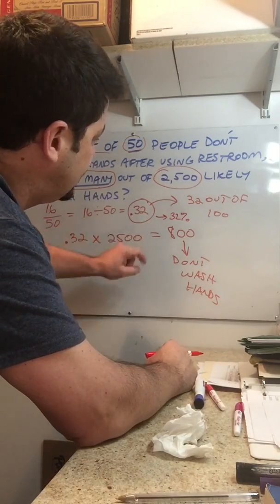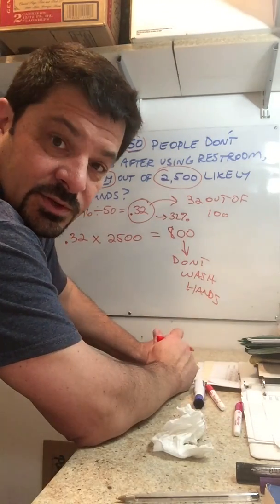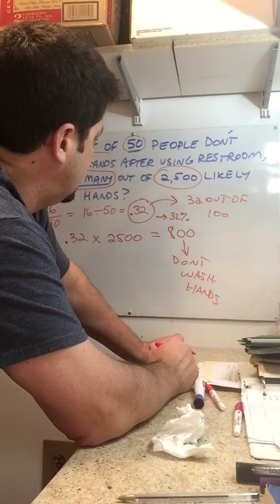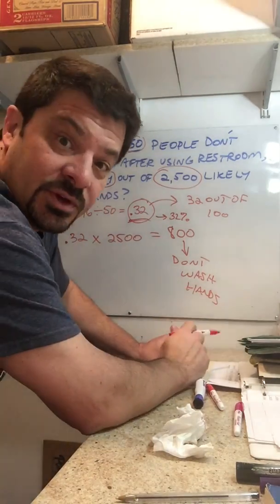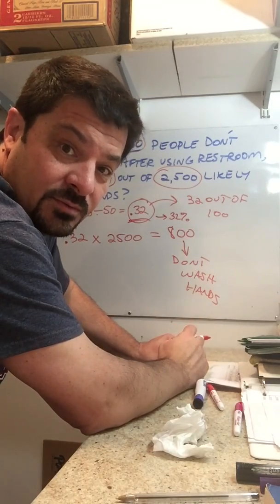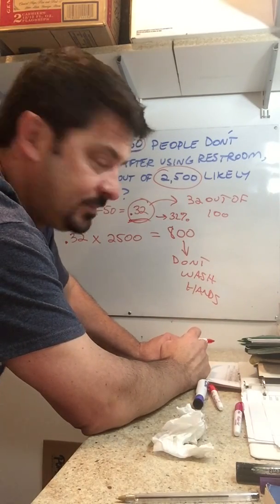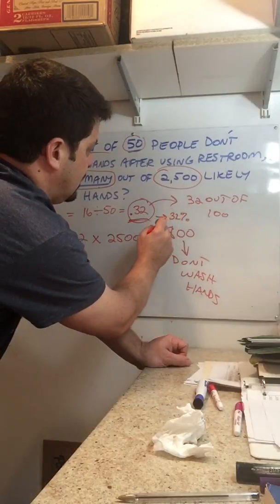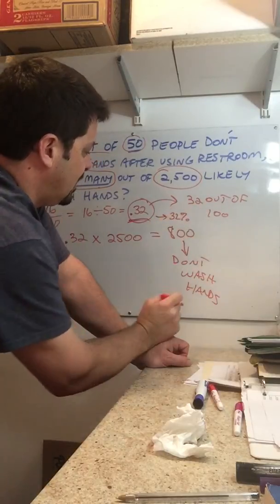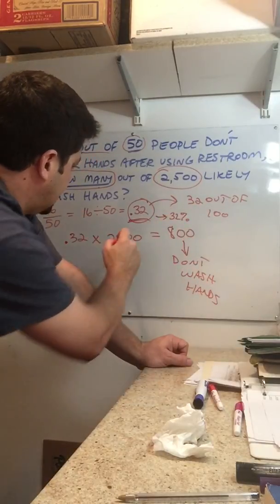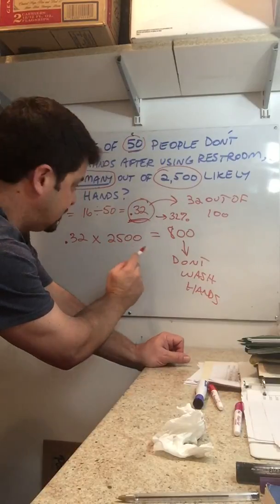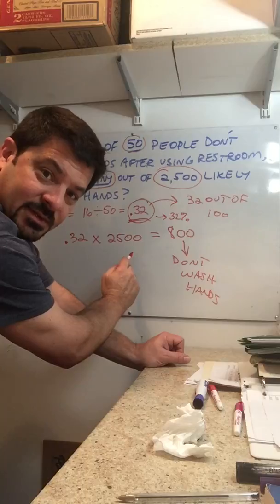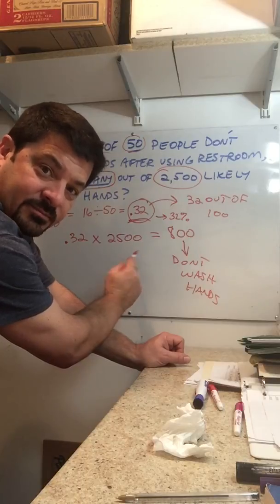So when we get 0.32, which is the same thing as 32%, and matter of fact, think about this, that's the same thing as 32 cents, 32 pennies out of $1. 32 out of 100. So how many hundreds are in 2,500? Well, there's 25 hundreds in 2,500.